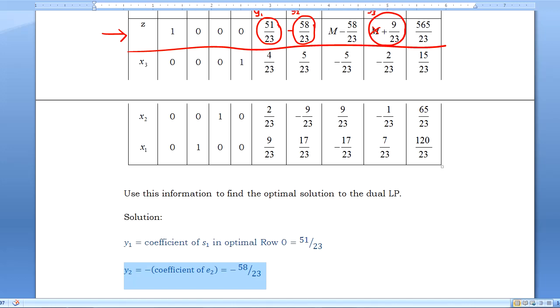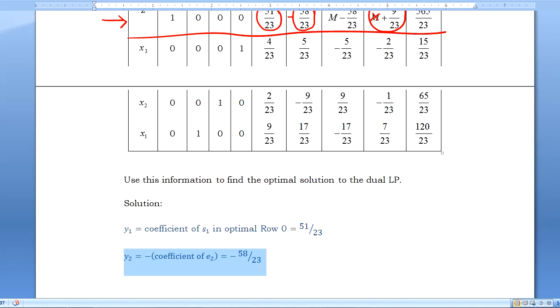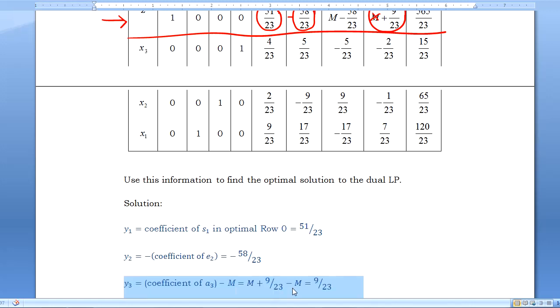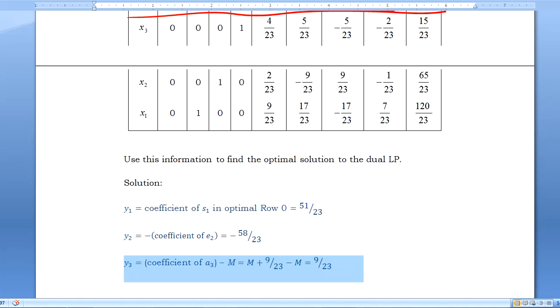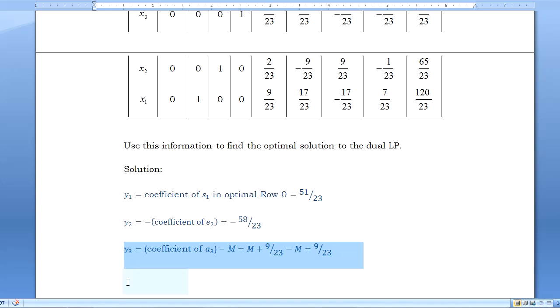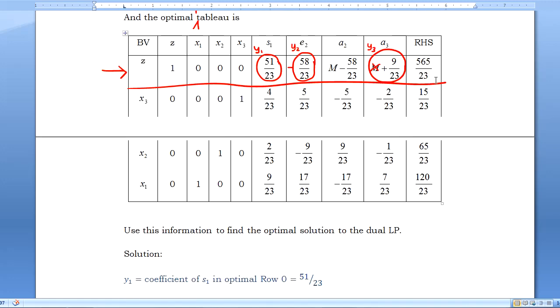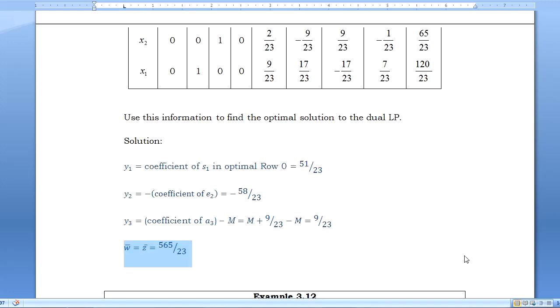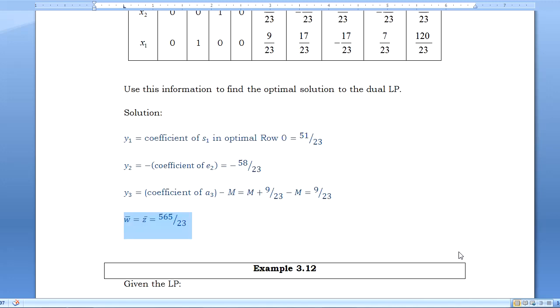And y3 is equal to the coefficient of A3 minus M, so y3 is equal to 9/23. And lastly, W is equal to the optimal value of the primal, which is Z, equal to 555/23. Let us do the next example.